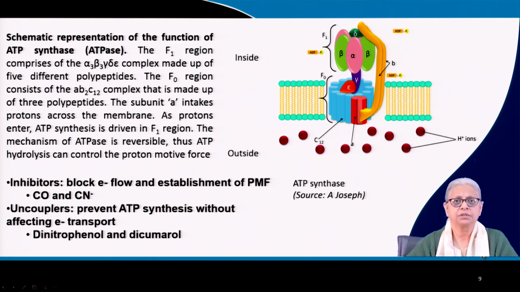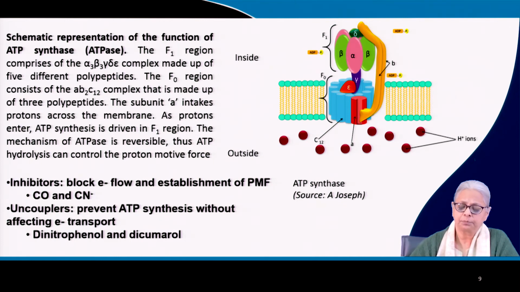So here we have the schematic representation of the ATP synthase enzyme. It's also called ATPase. It has 2 regions, the F1 region and the F0 region. F1 comprises 5 different polypeptide strands, so you can see them here, and the F0 region has 3 polypeptide strands. Now, there is a subunit in the F0 region which will pick up protons that have been concentrating outside the membrane, on the outer side of the membrane.